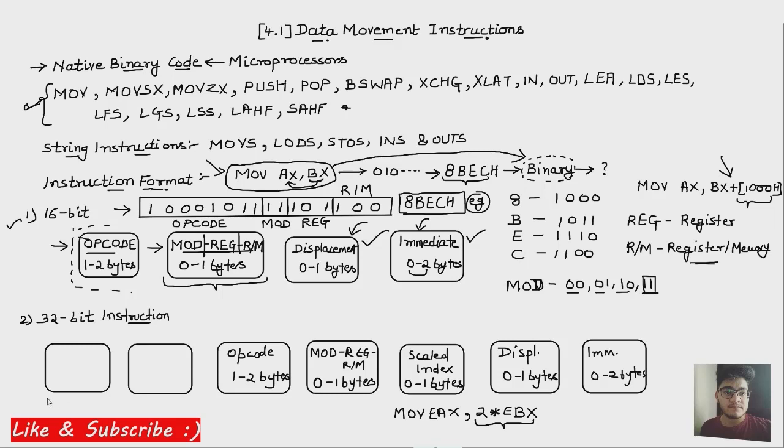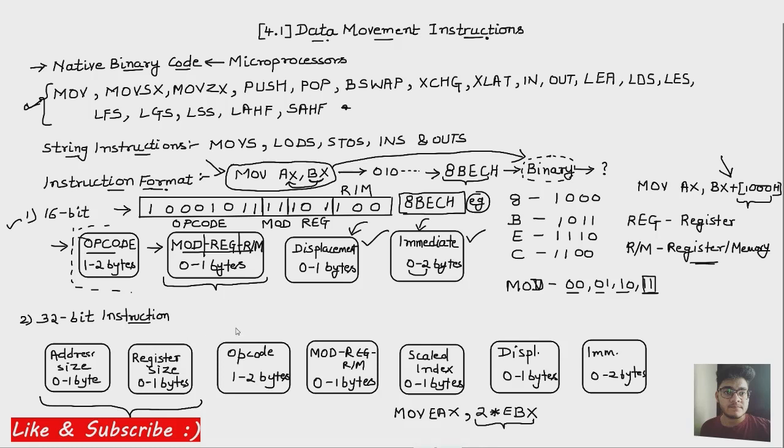Now these two sections are additional, and they are there inside of the 32-bit instruction. This one is known as the register size, and it occupies 0 to 1 bytes. The last one is the address size, and its size is 0 to 1 bytes again, right?